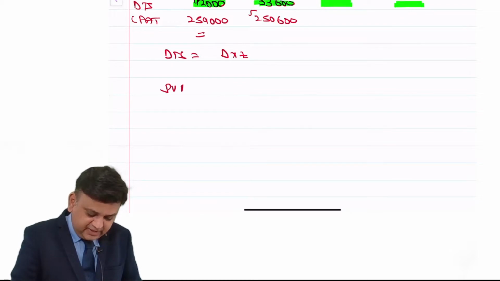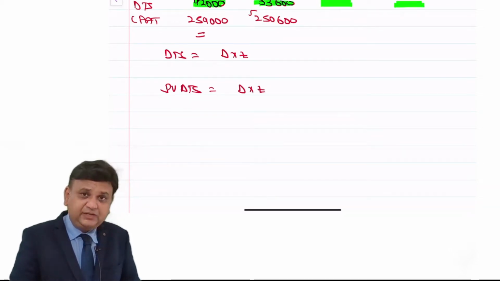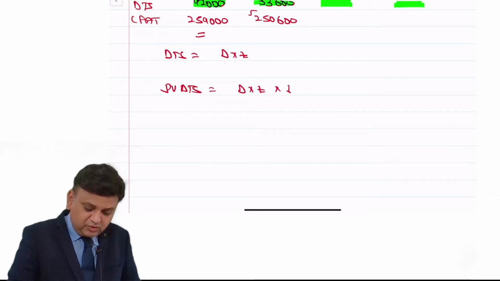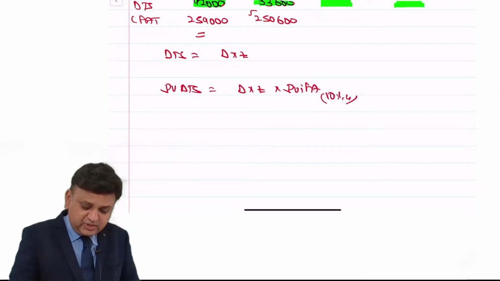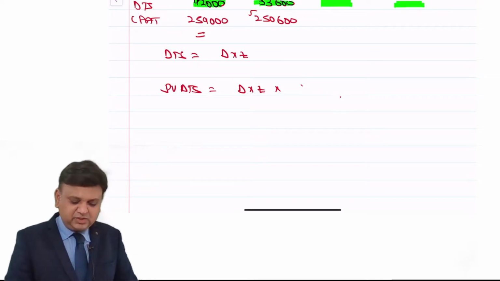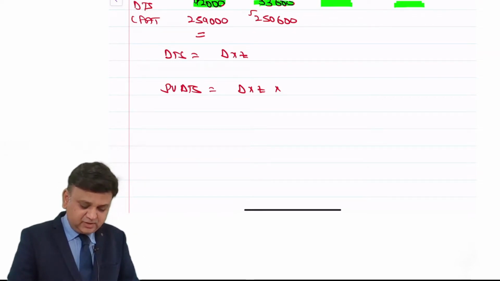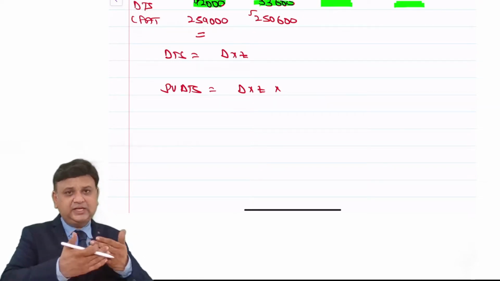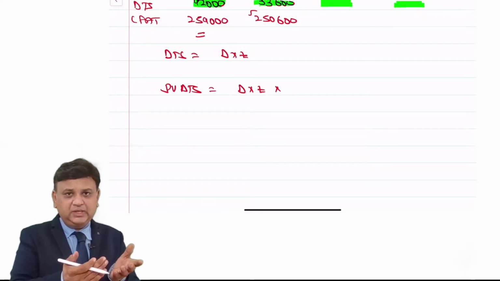And then the present value of depreciation tax shelter is the depreciation tax shelter into PVIFA at the rate of 10% for 4 years. I'm sorry, into the individual year factor, because every year it would be different: first year, second year, third year and fourth year.